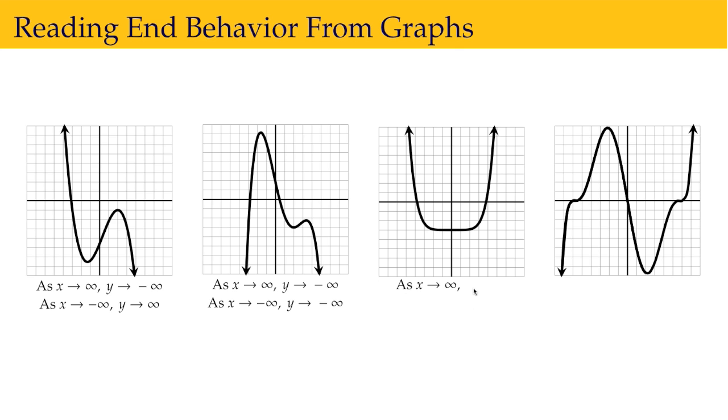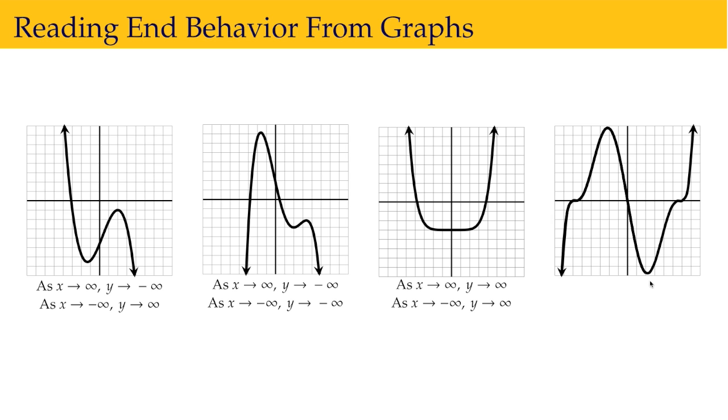So here as x goes to infinity, that's my right end. This function is going up, so y goes to positive infinity. As x goes to negative infinity, that means I need to look at the left end. The left end is also going up, so y goes to positive infinity.